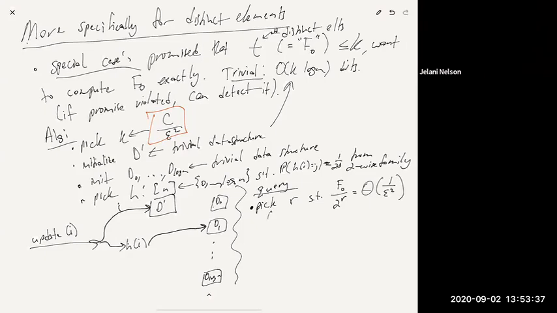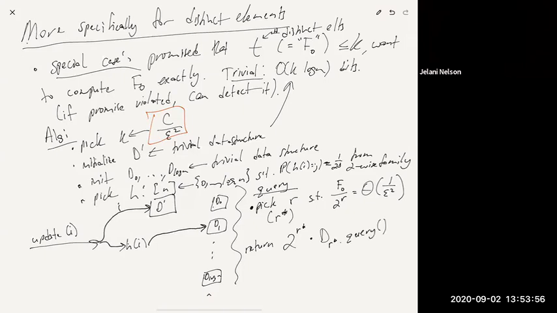Call this R star. And then what we're going to do is we're going to return 2 to the R star times d R star dot query.